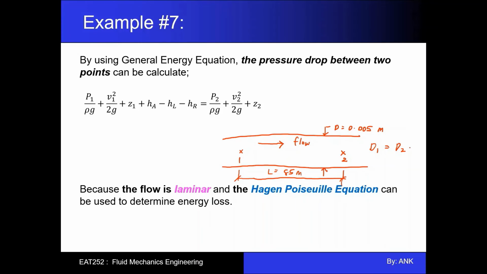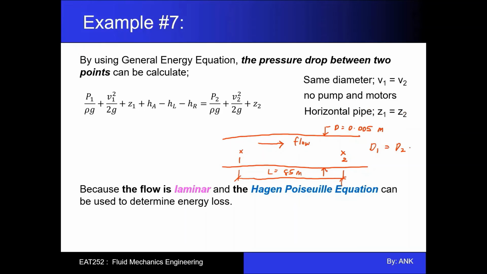From this information, we know the pipe has the same velocity, meaning the velocity at point 1 is the same as the velocity at point 2. So V1 is equal to V2, and we can cancel out the velocity head term for point 1 and also for point 2.